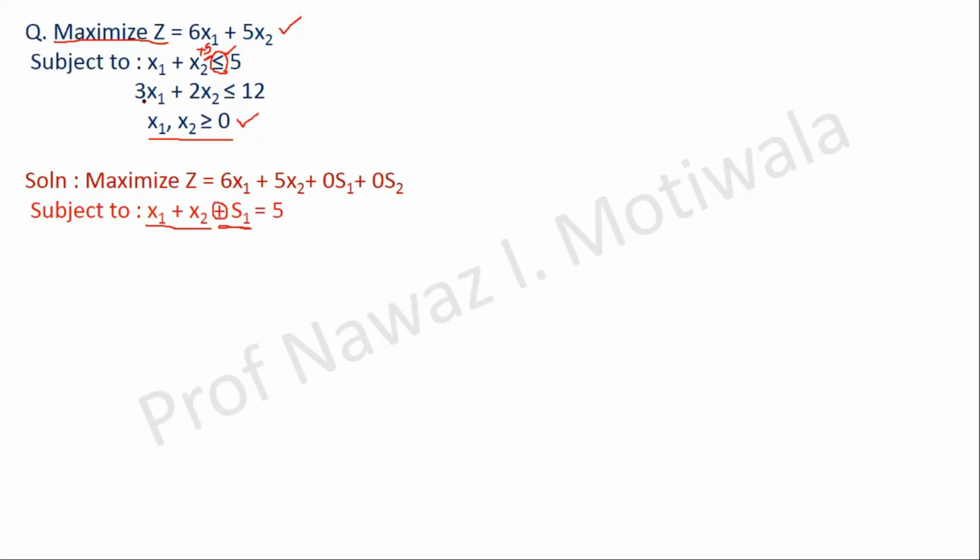Similarly, if you see the second equation, 3x1 plus 2x2 less than or equal to 12, again there is an inequality with a less than or equal to sign. So to make it an equation, I will write 3x1 plus 2x2 plus s2. I have added another surplus variable here and it is converted into an equality equation equal to 12. Any doubts still here?